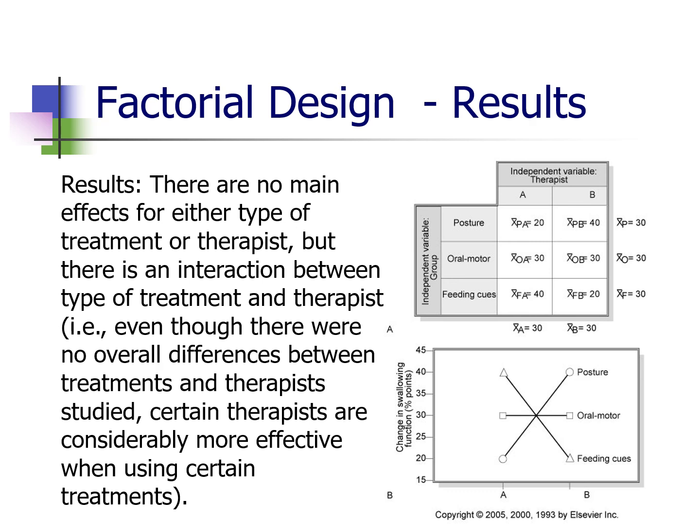If we look at the three different treatment programs, posture, oral motor, and feeding cues training, on the far right we determine that each group, when we combine the effects of the therapist, improved 30 percentage points in swallowing function. So all three groups improved, but there was really no difference, no main effect for group in terms of treatment.